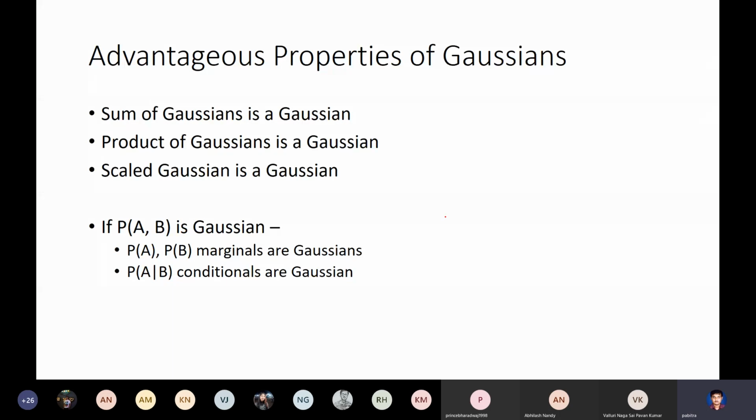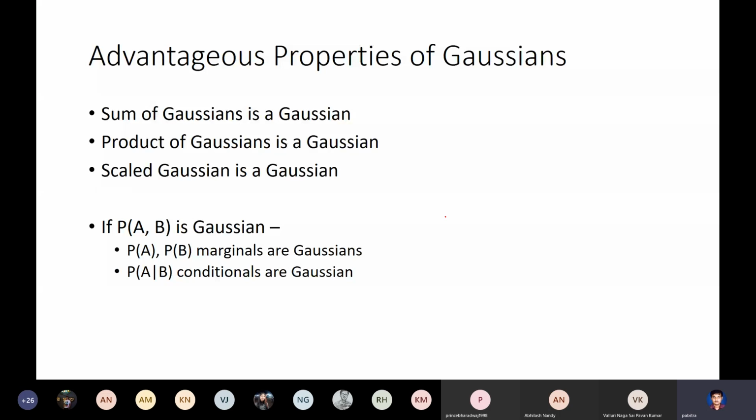The advantageous properties are: if you take two Gaussian distributions and add them up, you still get a Gaussian. Why is this important? We'll see later that when we add up things in the joint distribution, you still get a Gaussian. The product of two Gaussians is a Gaussian because of the exponential form, e to the power something form.